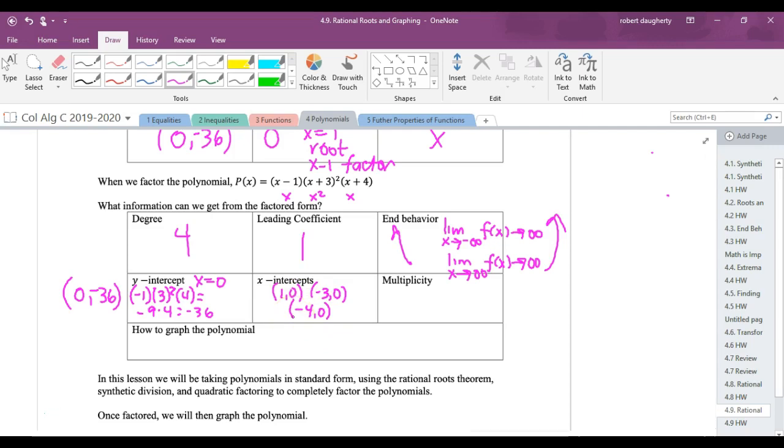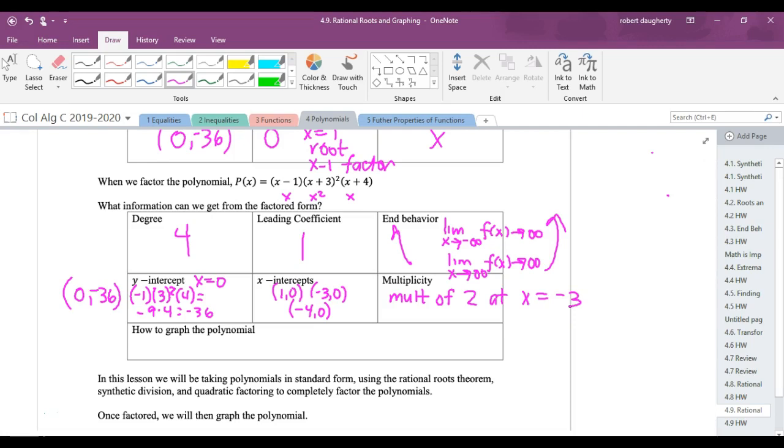Do any of these roots occur more than once? Which one? Yeah, so there is a multiplicity of 2 at x equals negative 3, okay? So my behavior of my graph, what will it do at that point?